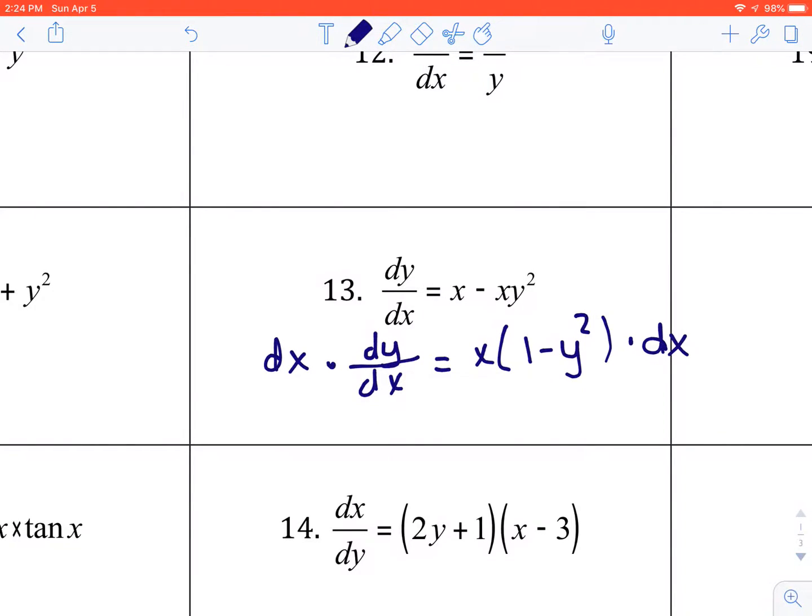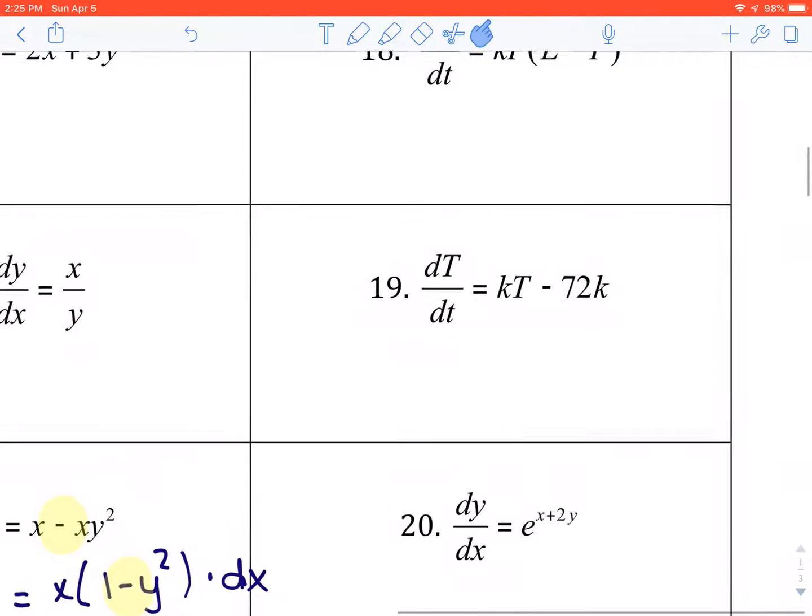Factor out that x, multiply both sides by dx, and then we can divide by that entire quantity of 1 minus y squared. Oh, and in their answers, when you go to check this, I'm just looking at their answers, that for whatever reason they changed this to a plus, so then they have a plus here. But our problem had a minus, so we're just going to stick with that right answer.